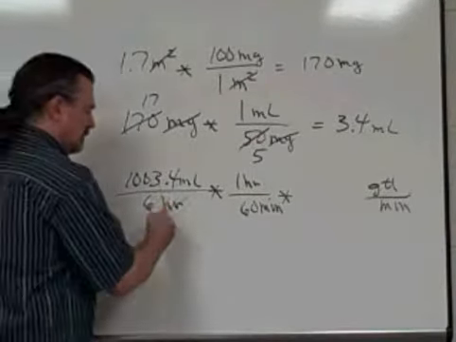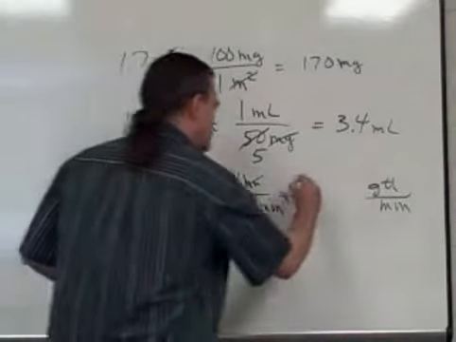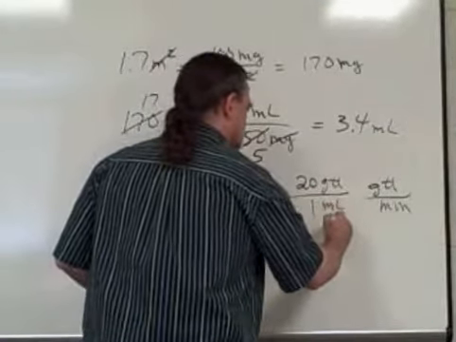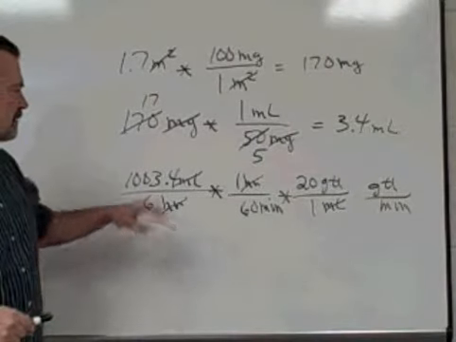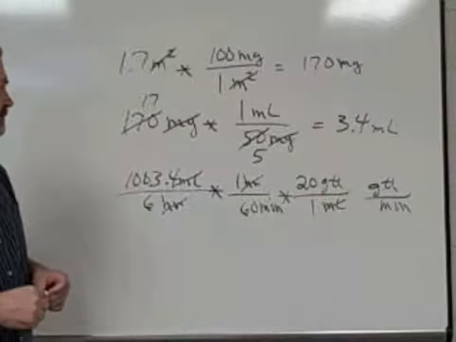And we also need to go from milliliters to drops. And that's where the drop factor enters in. The drop factor of our equipment is 20 drops per milliliter. So now we will know the flow rate in drops per minute.